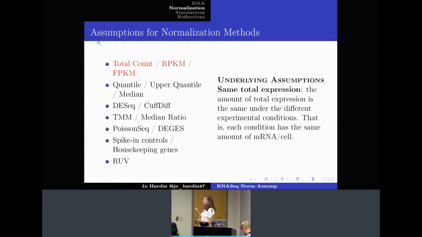I'm not actually going to leave you with much truth, so apologies if you were expecting truth. You've got to go to the philosophy department to get that. But I'm going to leave you with the assumption that's being made if you're going to use this method. That's sort of what this talk is. Here's the assumption. If you believe that assumption, then use that method. Okay.